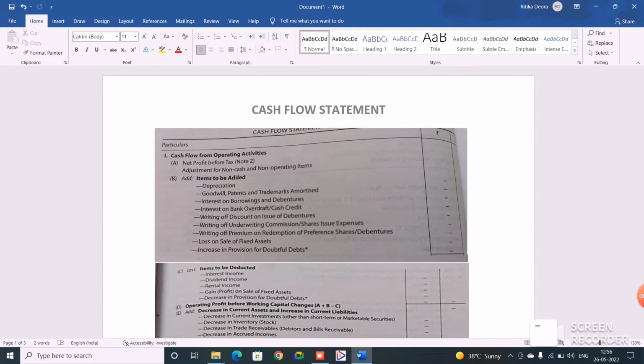Provision means we are creating a reserve for meeting an expense in the future, because we know that this expense will definitely arise. So let us set aside a certain amount so that we cannot use it for some other purpose. So we show it as an expense, and that is what we call provision.